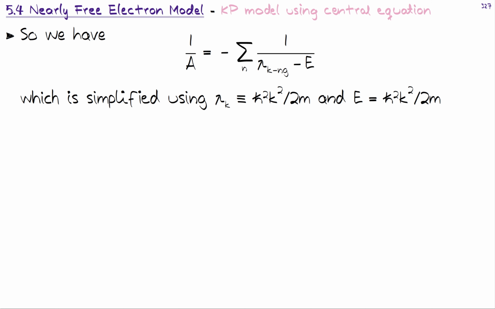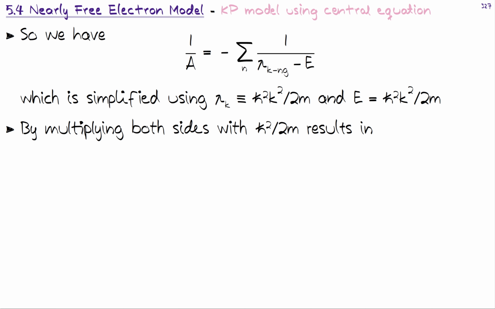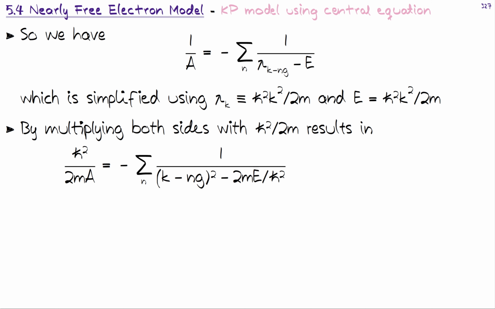Now we can multiply both sides of the equation by h bar squared divided by 2m, and then we result in an equation where on the left hand side we have h bar squared divided by 2m times capital A equals minus the summation over n of 1 over (k minus nG) squared minus 2mE over h bar squared.